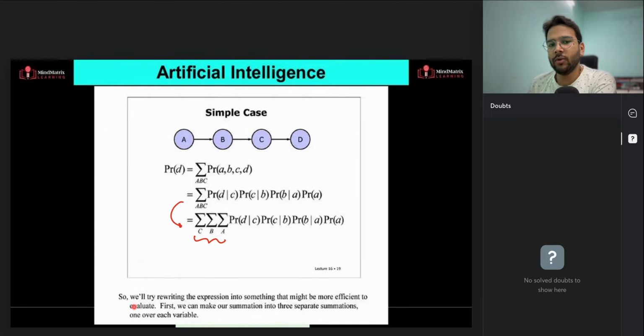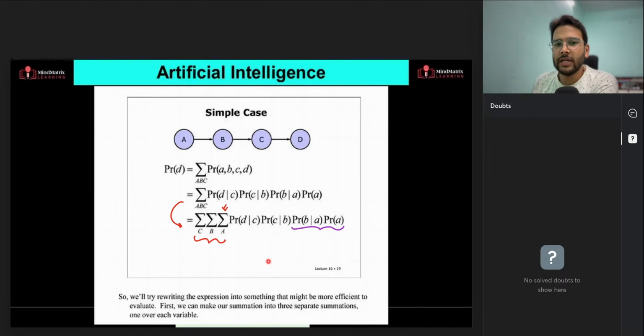Now carefully see what we are trying to do. We can further reduce it, or rewrite this. Focus on this particular summation over A. Where do we have A? You will say, sir, we have A in these two terms, right?